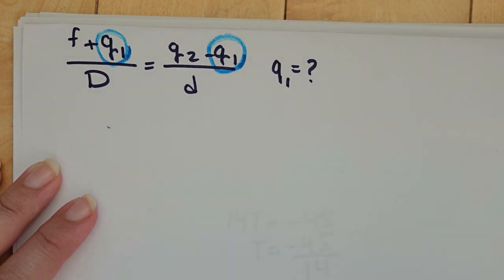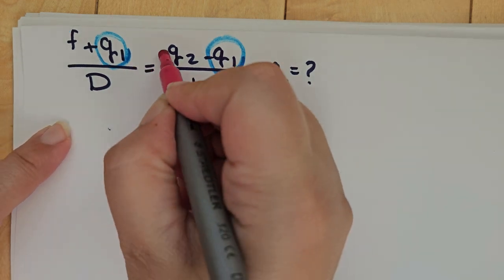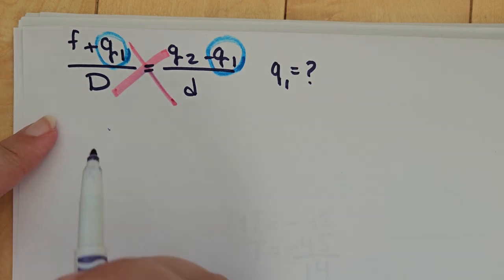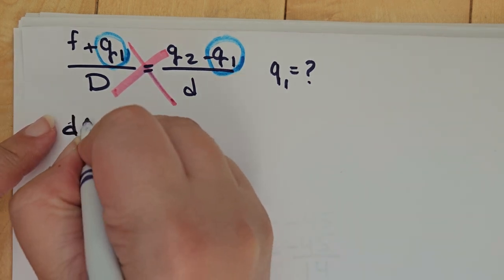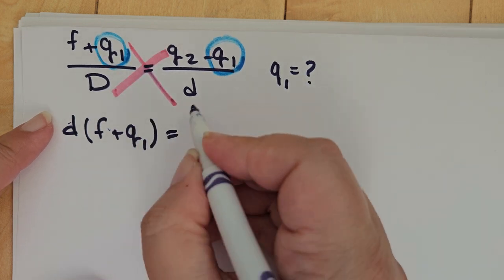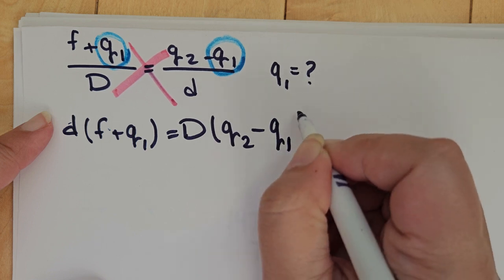Okay. So again, what I will do here is start by doing cross multiplication. That would be small d multiplied by f plus Q1 equals capital D times Q2 minus Q1.